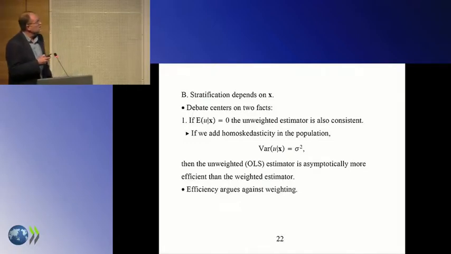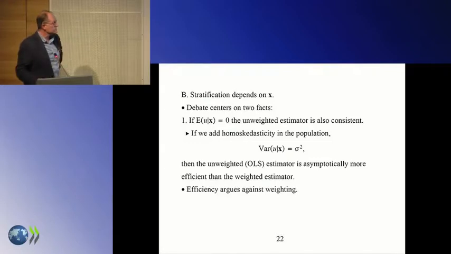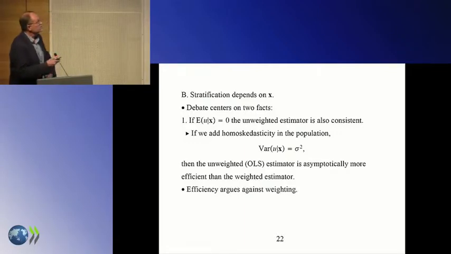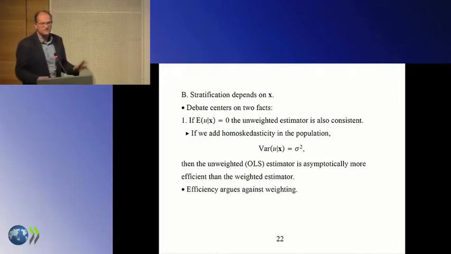Okay, so one part of the debate is that if the conditional mean is correctly specified, then the unweighted estimator is also consistent. Now this is important though because this requires two assumptions for consistency. It requires that the stratification depends on your covariates, and that you have the conditional mean correctly specified, okay?